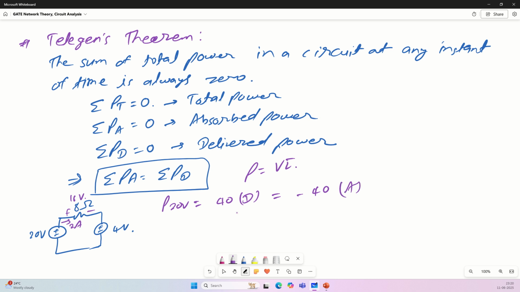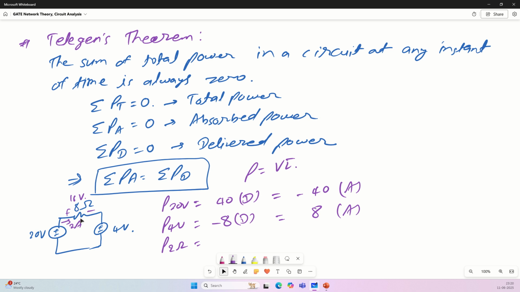Now power of 4 volt, power of 2 ohm, these two also I have to calculate quickly, right? So can you tell me power of 4 volt is how much? 2 ampere is entering. Okay. So it will be absorbing power. So it means what? 4 times 2 is 8 watt absorbing, means what? Delivering will be how much? Minus 8. This is 8 watt absorbing.